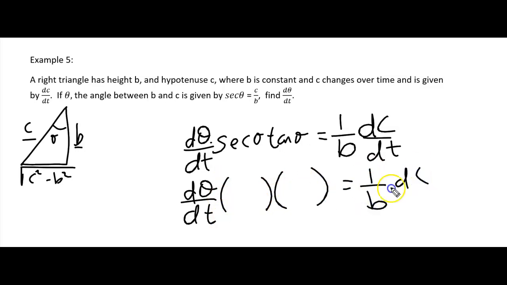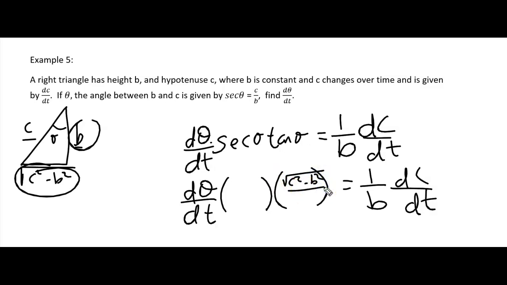Well, tangent is opposite over adjacent. This is opposite from the angle, this is adjacent. So tangent would be the square root of c squared minus b squared over b. Secant is hypotenuse over adjacent.